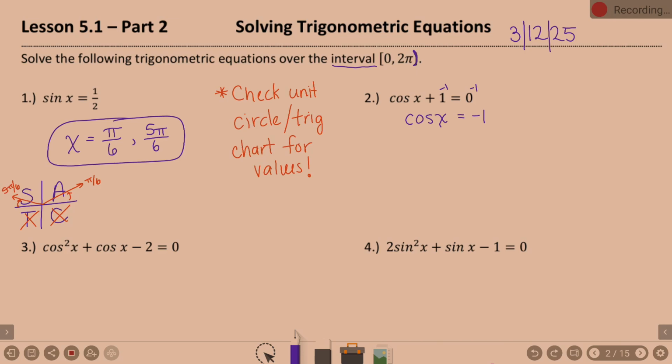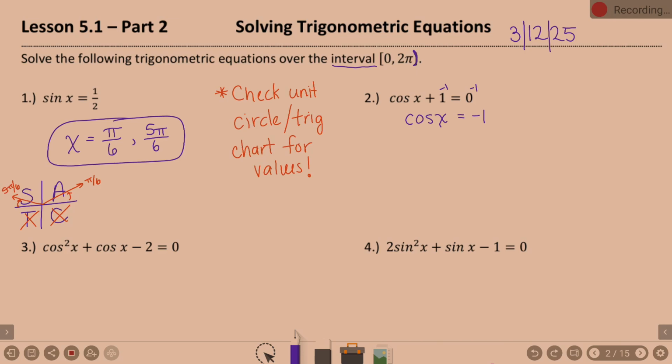I don't know if this is the right train of thought, but going with the x and y's, the x value is cosine. So the x value would be negative 1 at 180 degrees. I agree. Are you guys on your unit circles?